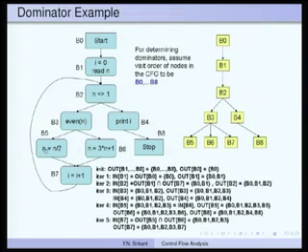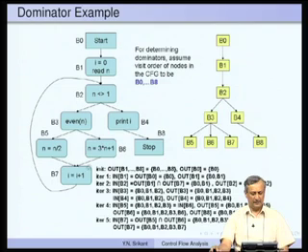B7 has 2 predecessors, all the others we will see later. B2 also has 2 predecessors. There are 2 nodes B5 and B6 which are predecessors of B7. Now, if some node has to dominate B7, the result says the same node must dominate both B5 and B6. Well, this is true. Look at the tree here.